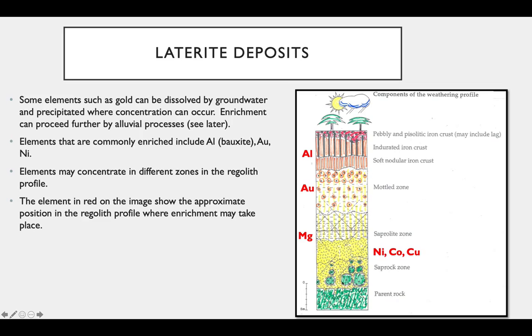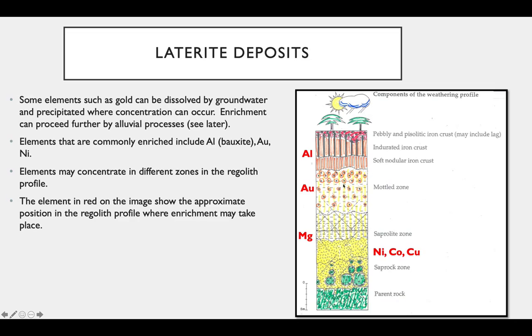So we go into a sap rock zone, where we can actually see remnants of the original rock texture, but it's predominantly transformed to secondary minerals, could be kaolinite or a variety of other oxyhydroxides. We then move further into the saprolite zone, so we're getting predominantly breakdown, limited textural variability.